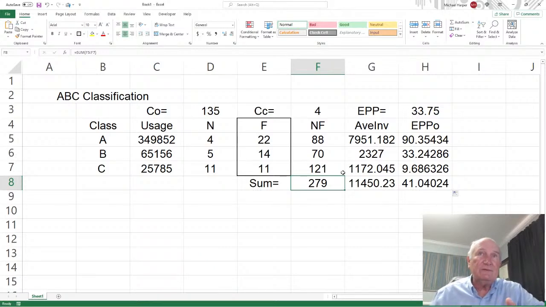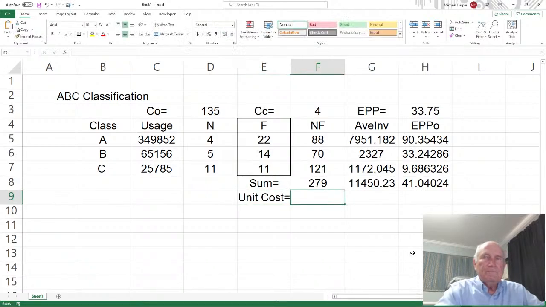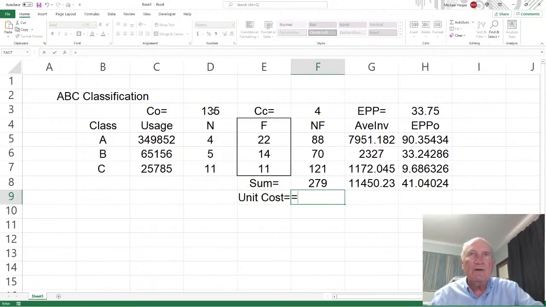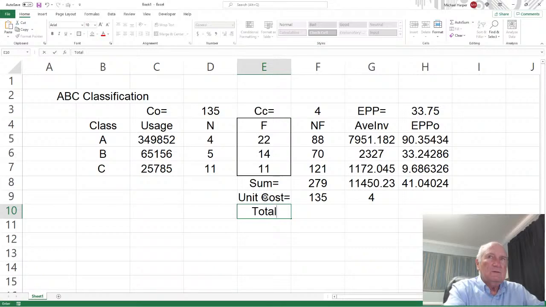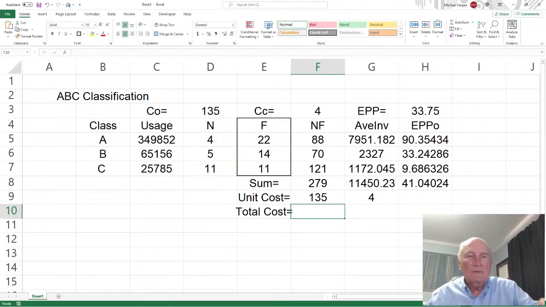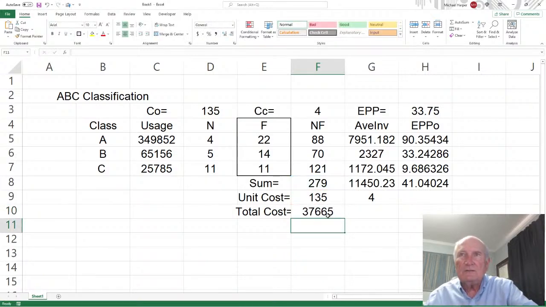But now that we have this, we can bring down the unit costs, which is going to be 235 and 4, and we can get the total cost, which equals the sum times the unit cost.